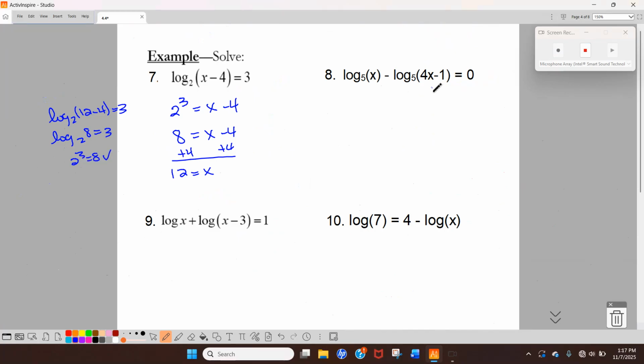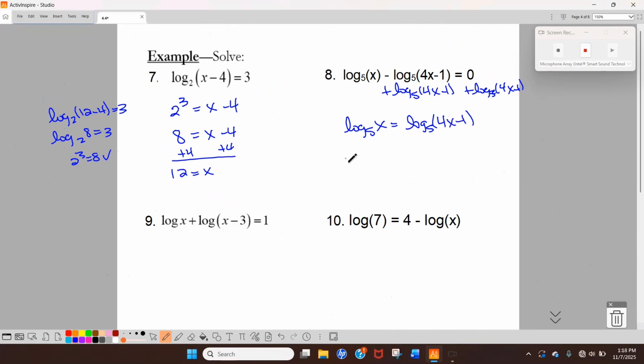All right, number 8. The easiest way to do this one is to use that property that I was discussing a minute ago. If I add this log to the other side, then I have log base 5 of x is equal to log base 5 of 4x minus 1.